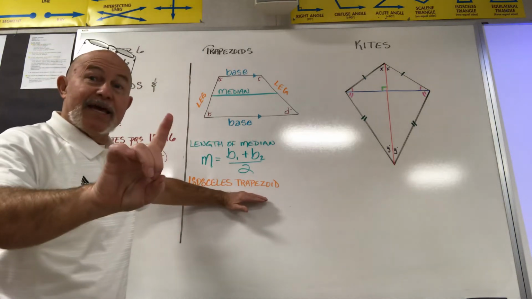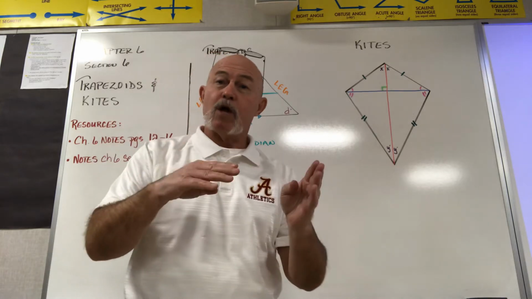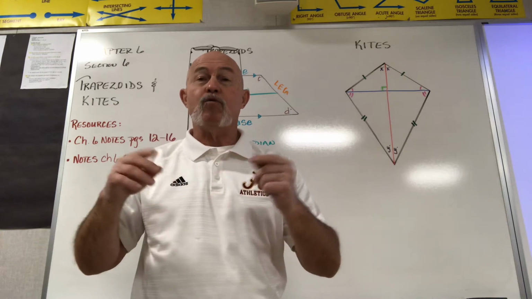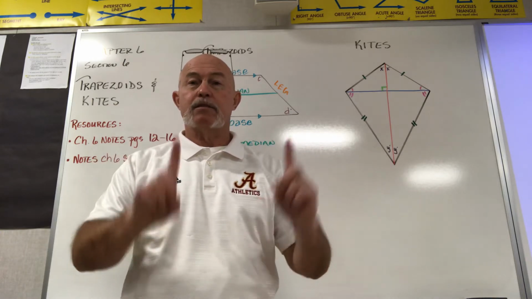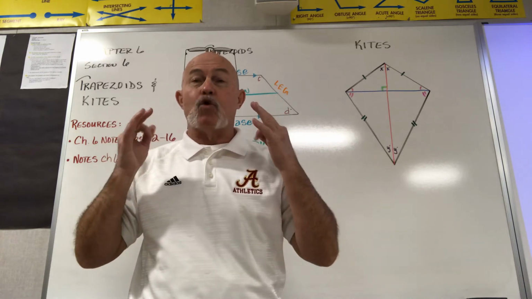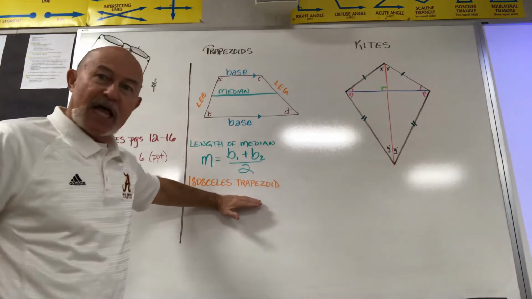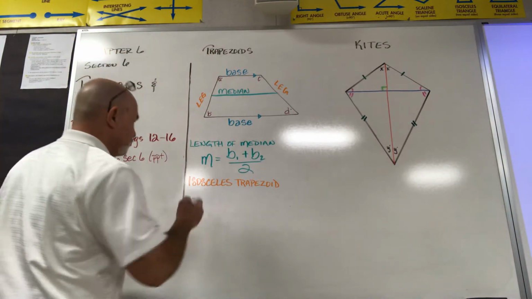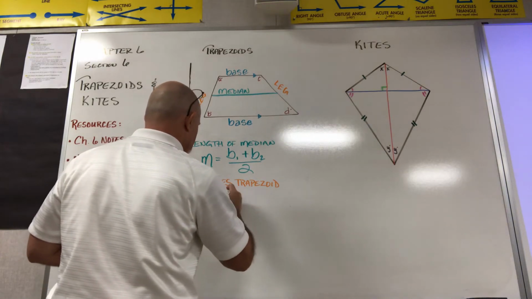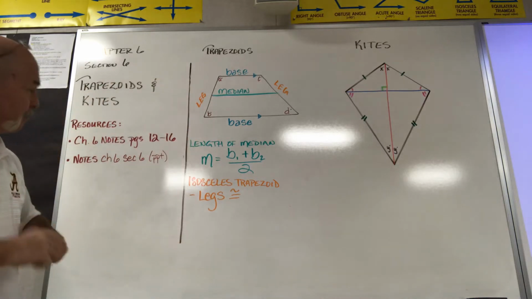Next, let's go back for a second and remember isosceles triangles. Two equal sides. Those equal sides are called legs. If the legs on a trapezoid happen to be equal, then it's an isosceles trapezoid. So the legs are congruent.